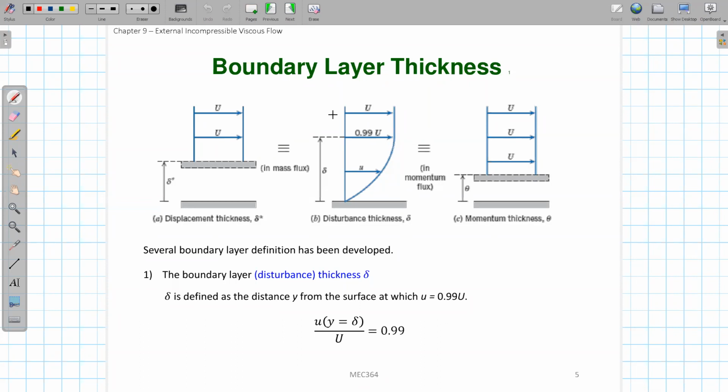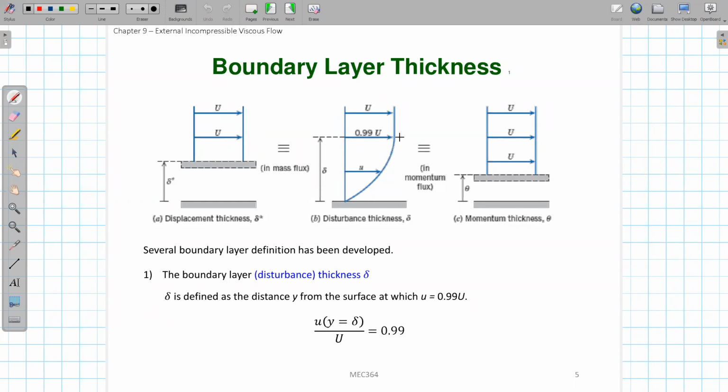So you may be thinking that maybe we can find a velocity u at some location y, so that at this y location, the u will become big U. But mathematically, we cannot find that point, because this small velocity u will approach the free stream U asymptotically.